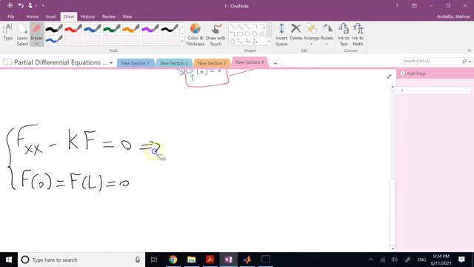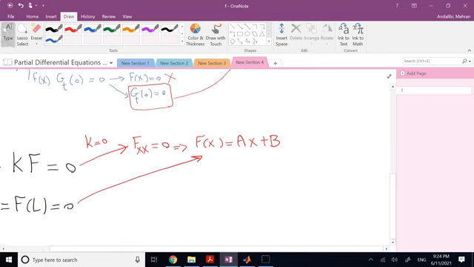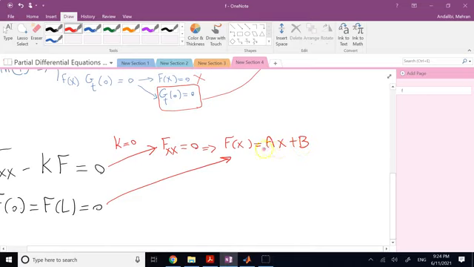So case one, let's look at one of the easiest cases, k equals 0. If k is 0, it means the second partial derivative of f with respect to x is 0. And clearly the solution here is a linear function, like f of x equal ax plus b. Now, if you plug these two conditions in it, at x of 0, f is 0, right? So b has to be 0.